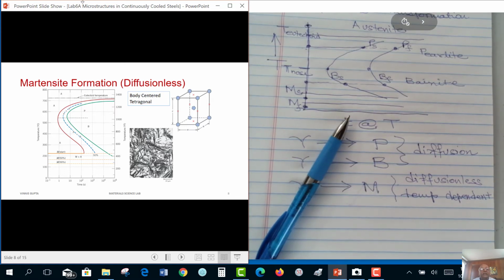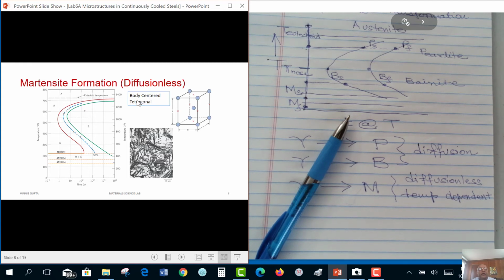So what happens is that at high temperature, the austenite was FCC. When we cool it down, it wants to become ferrite, BCC, but it has got all this carbon there. So if we cool it very fast, it wants to become BCC with all this carbon trapped in there.